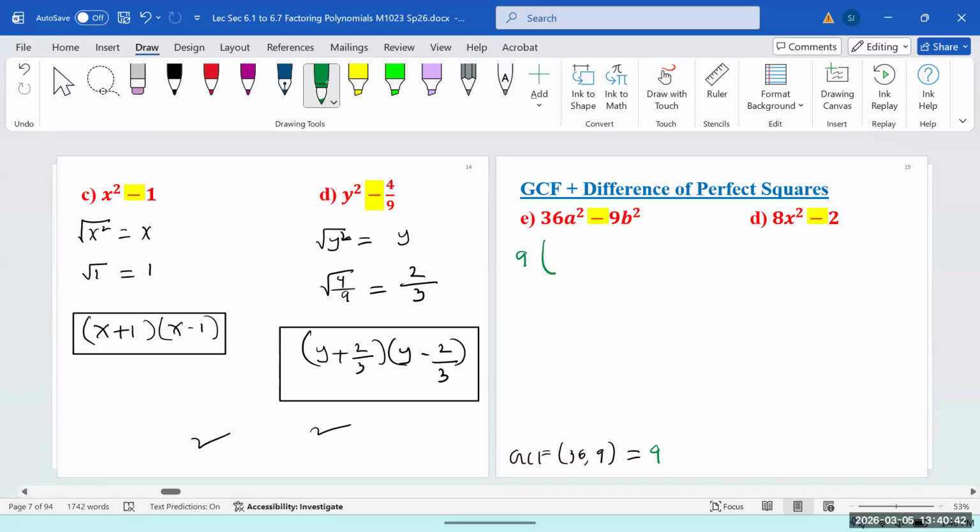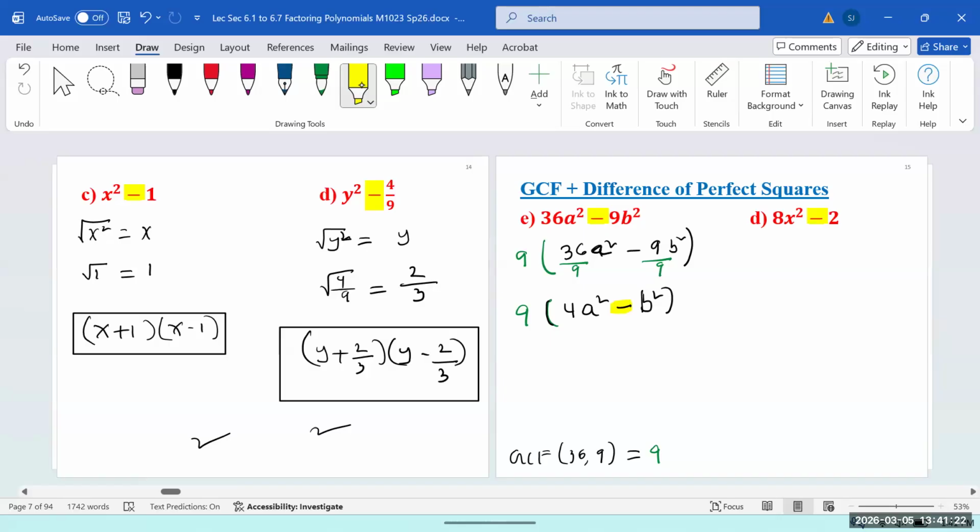And we do the same thing we did before. The mental math we are going to show using our pen or pencil. We divide both of them by 9. So what do we get? You get 4a squared minus b squared. So we have a GCF and we still have a difference of perfect squares.